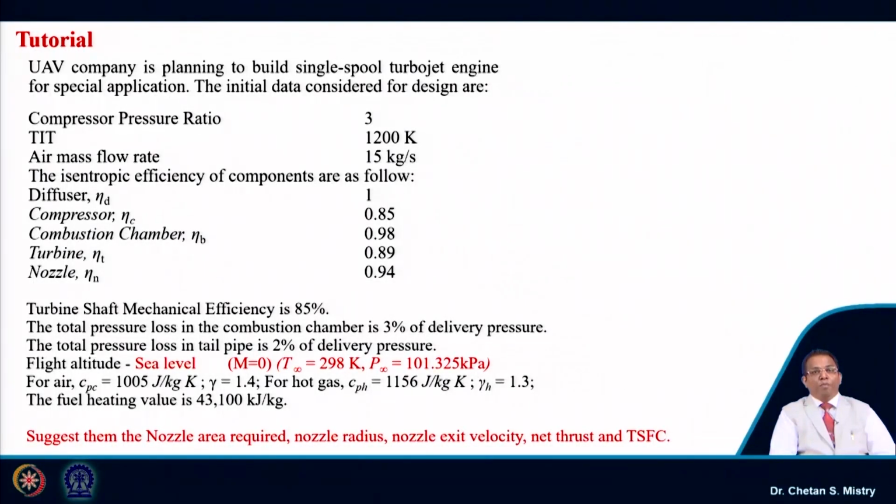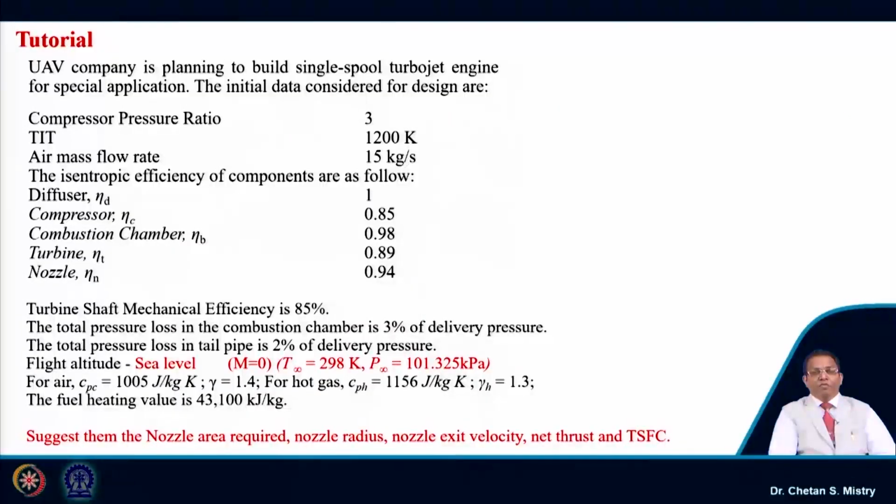There is a pressure drop inside the combustion chamber and the tailpipe, of 3% and 2% respectively. The initial calculation they have done at sea level, where Mach is 0, with pressure and temperature of 298 Kelvin and 101.325 kilopascal.